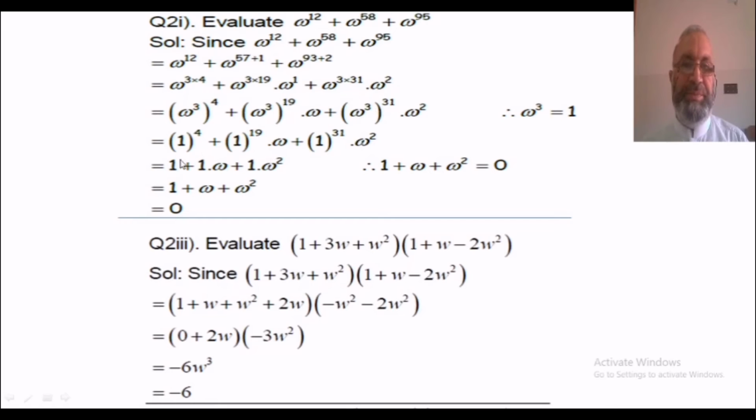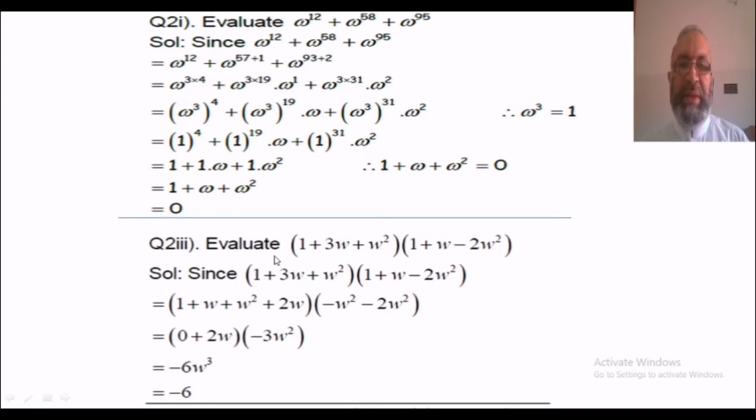Simplifying these terms, 1 power 4 is 1, plus 1 power 19 is 1 into omega, plus 1 power 31 becomes 1 into omega square, or we can write this as 1 plus omega plus omega square. And by the first property of the cube roots of unity, the sum of the cube roots of unity is equal to 0. So using this property, 1 plus omega plus omega square is equal to 0. So the question is simplified.